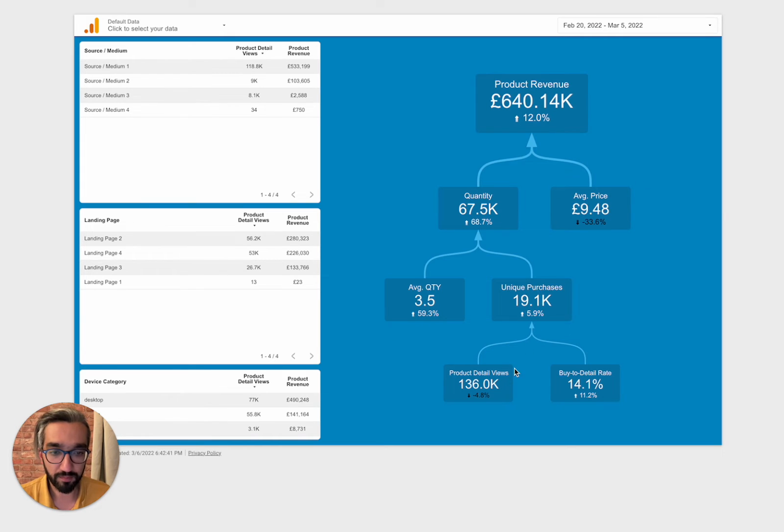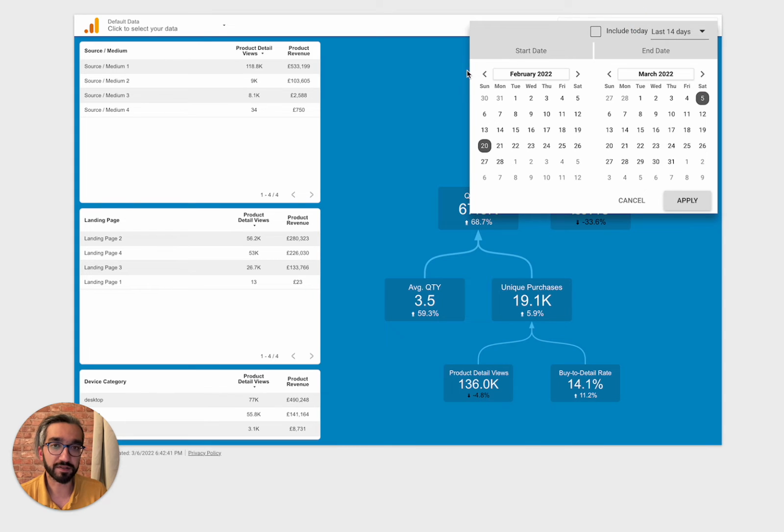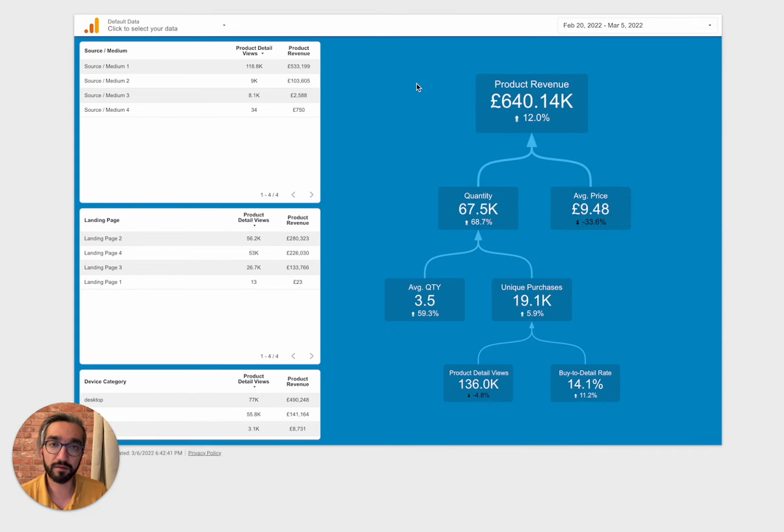And if you look at the product detail view, it has decreased a bit, which means we pulled a little less traffic than in the previous period. This is the last 14 days, and this dashboard shows the previous 14 days in comparison.